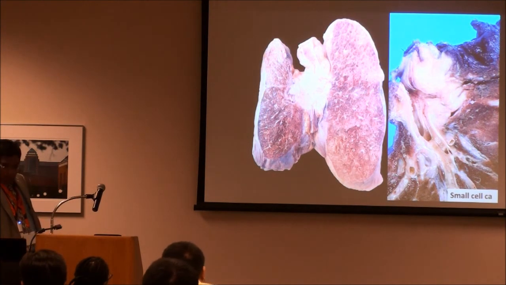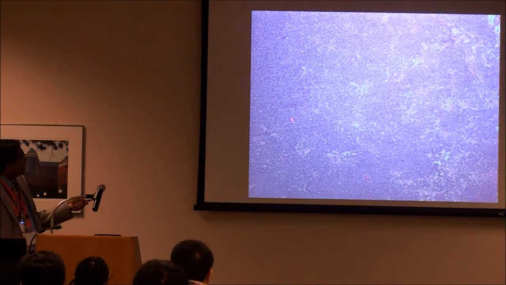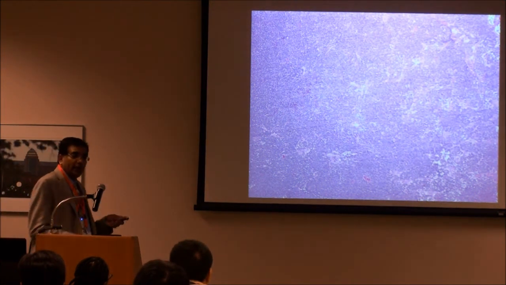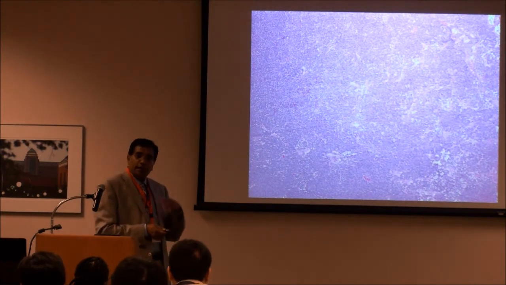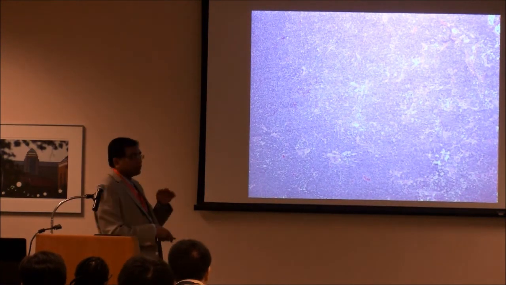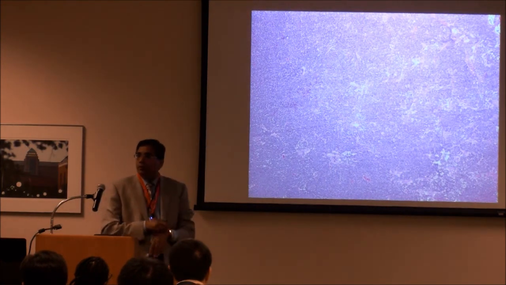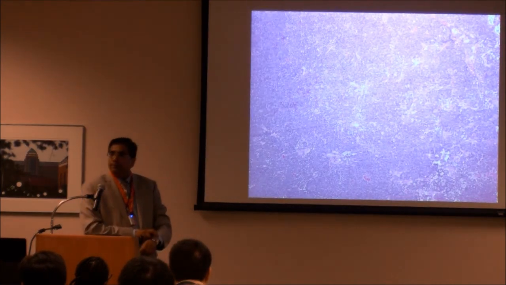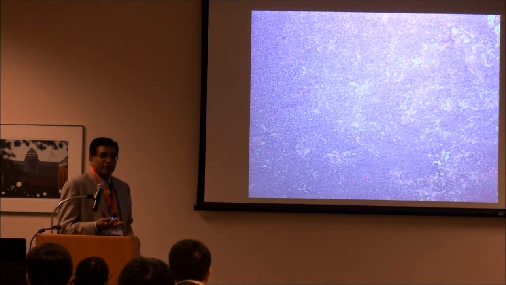When you look at the sections, unlike the other cells, which look like glands or little squamous pearls, here it just looks like blue sheets, all over. So this is a neuroendocrine cancer.